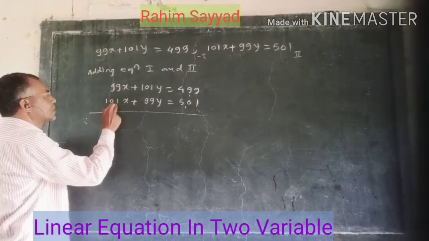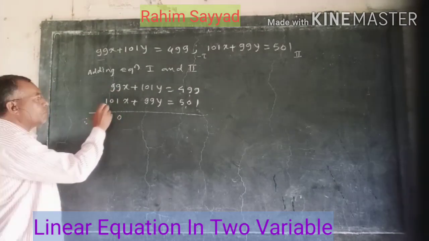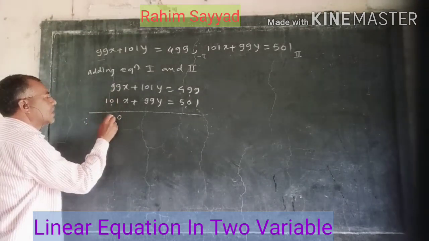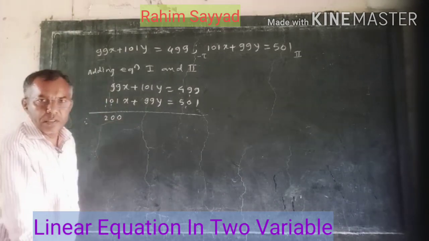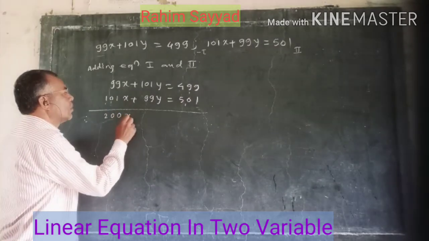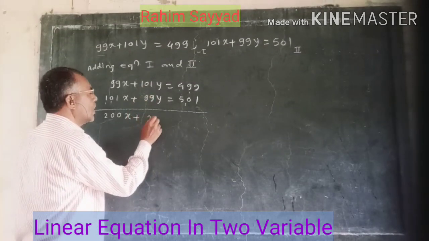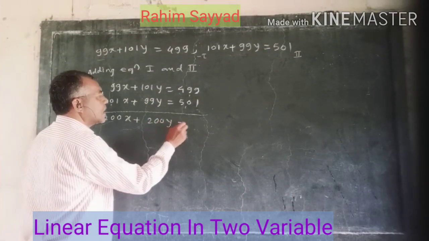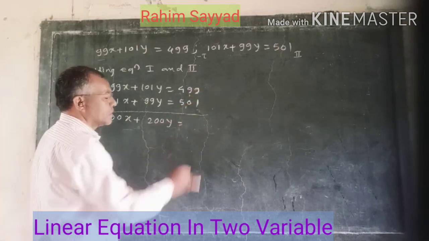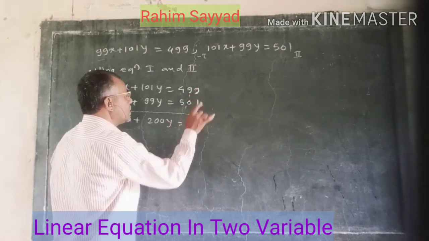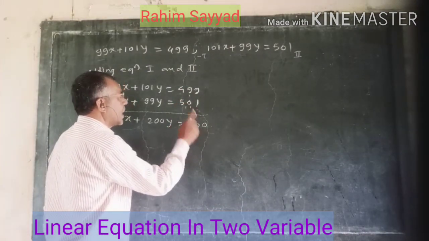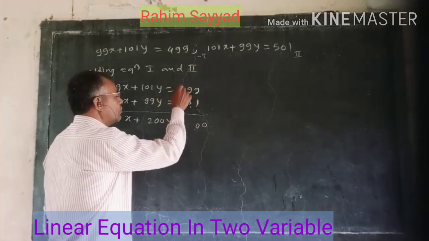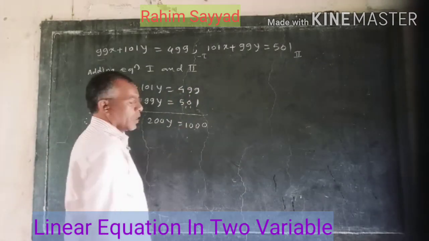Here 9 plus 1 is 10, carry 1; 9 plus 1 is 10, carry 1; and 1 carried makes 2. So 200x + 200y is equal to, adding these constants, 9 plus 1 is 10, carry 1; 9 plus 1 is 10, carry 1; 6 plus 4 is 10.